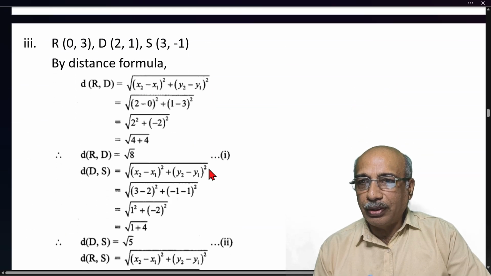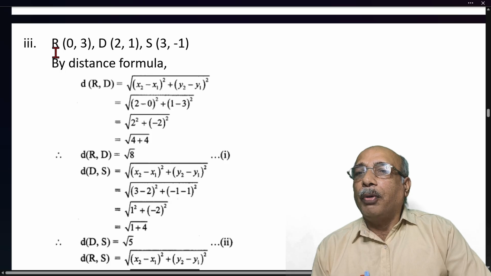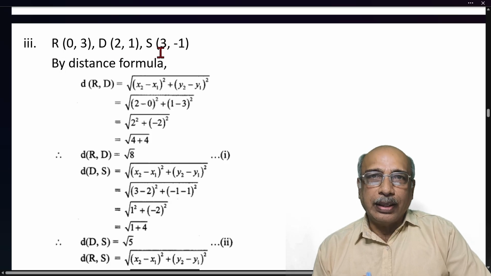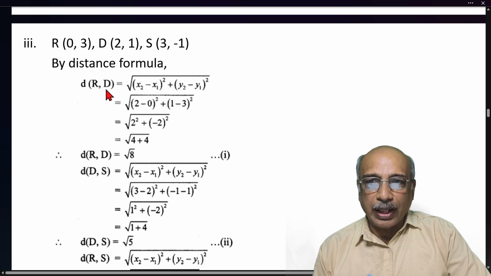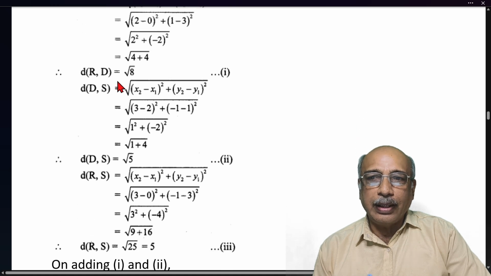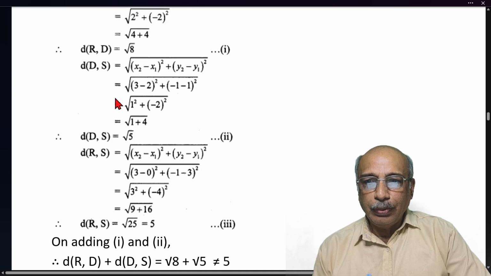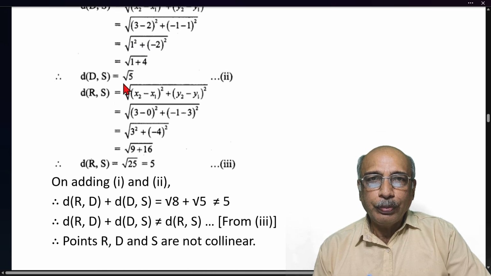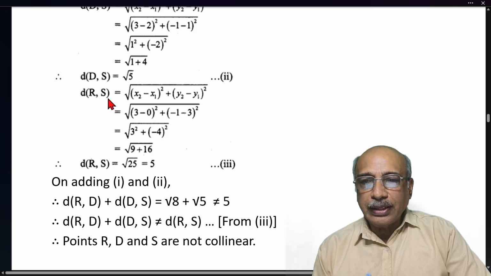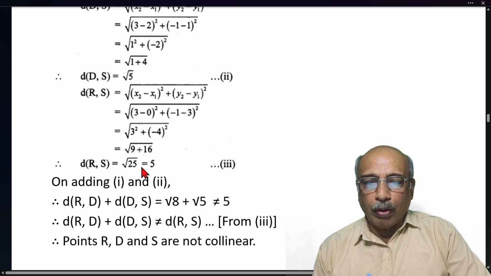Next problem based on this. Points R, D and S are given. Again by the distance formula, we will calculate distance RD. We get distance RD equals root 8. Distance DS, we get root 5. Distance RS, again we get root 25 equals 5.